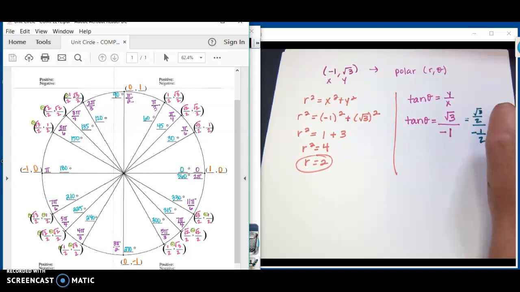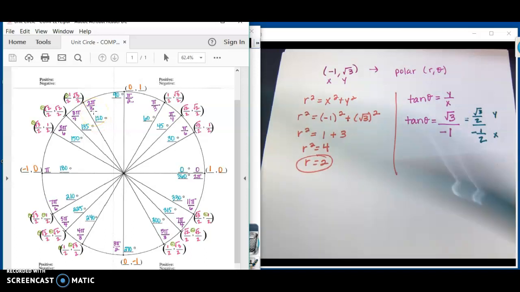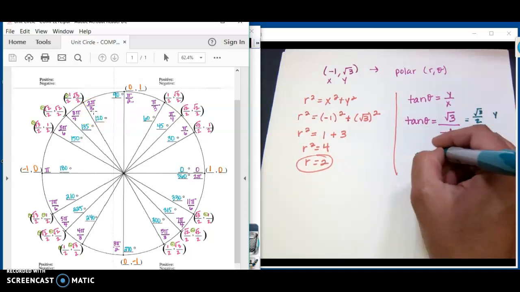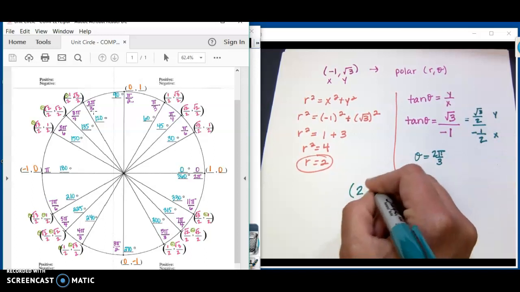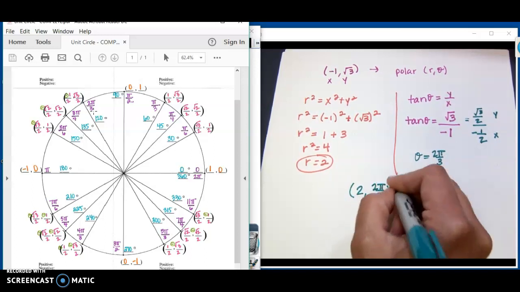So this is our y, this is our x. On your unit circle, you're looking for when you have an x value of -1/2 and a y value of the square root of 3 over 2. That's positive. So that happens at 2 pi over 3. So my polar point here is 2, 2 pi over 3.